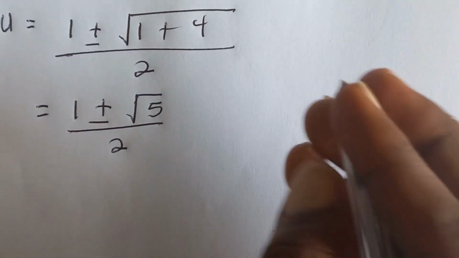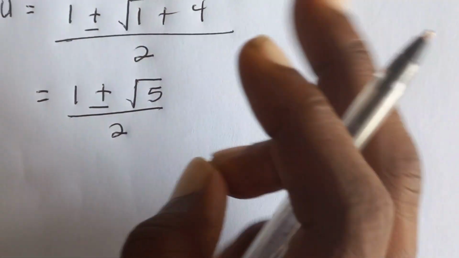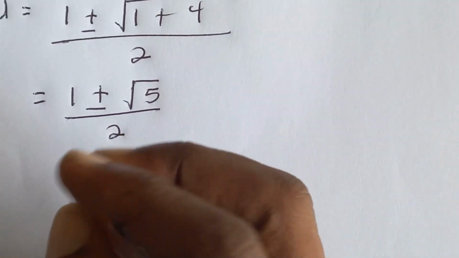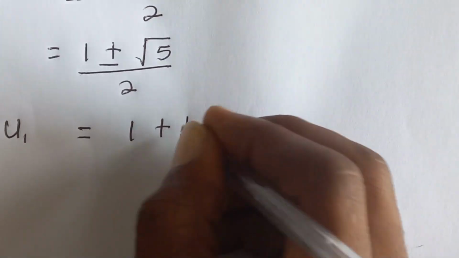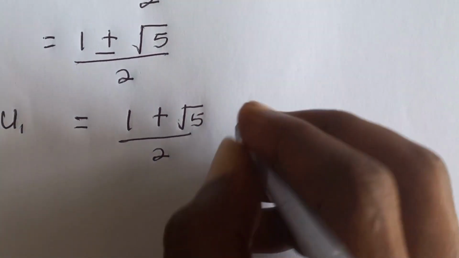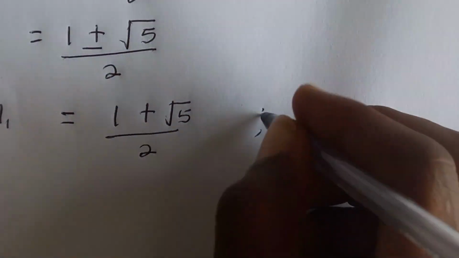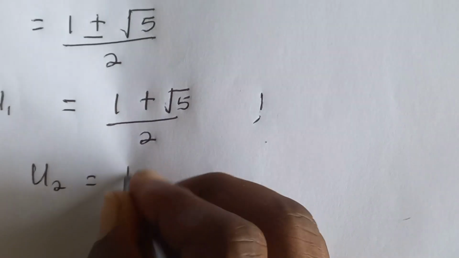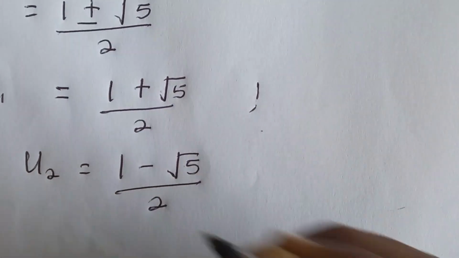With this, we have two solutions, the positive case and the negative case. So we let u1 be equal to 1 plus root of 5 on 2, then u2 is equal to 1 minus root of 5 on 2.